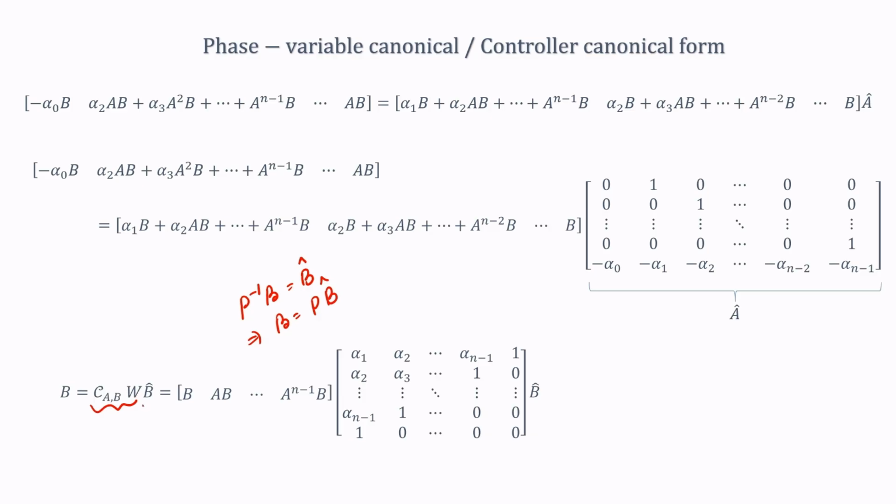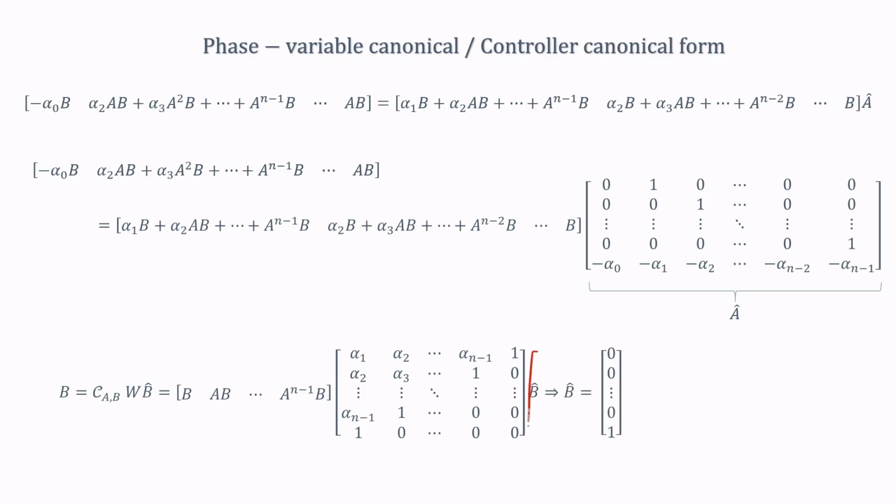So, this is your P, this is your B hat, and on the left hand side you have B. I have to come up with a B hat here that will give me B. So, if I put 0 0 1 here, then if you multiply 0 0 1 with the matrix, this column multiplied by this matrix will give me the first column out here. Okay, and that is why B hat will come out to be of this form.